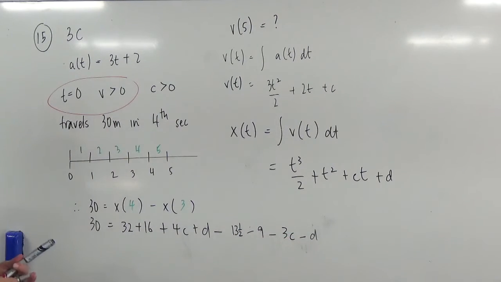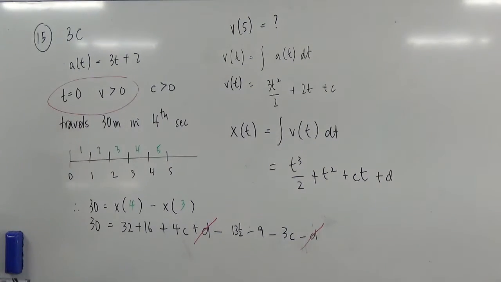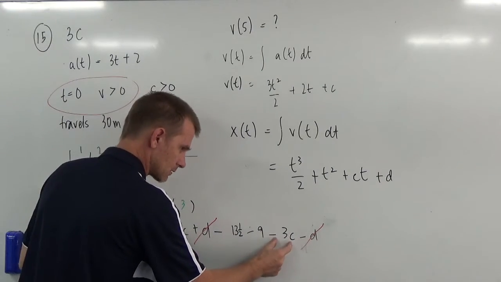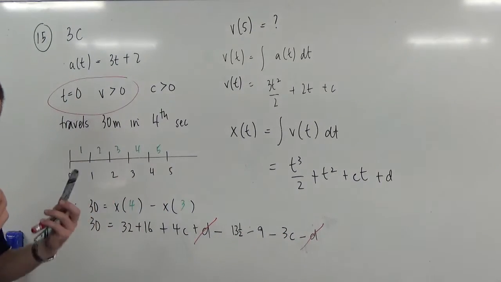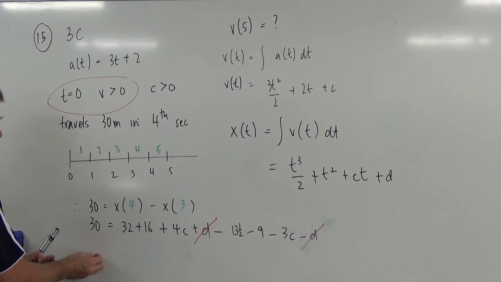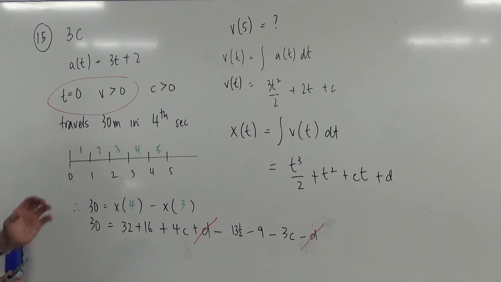Right, so now you should see that this guy and this guy are going to cancel. That's good, okay? Can you see that 4c and 3c, minus 3c, will just leave me with c? So I think from this, I'm going to be able to figure out what c is, okay? Now, that's going to be okay, I think.